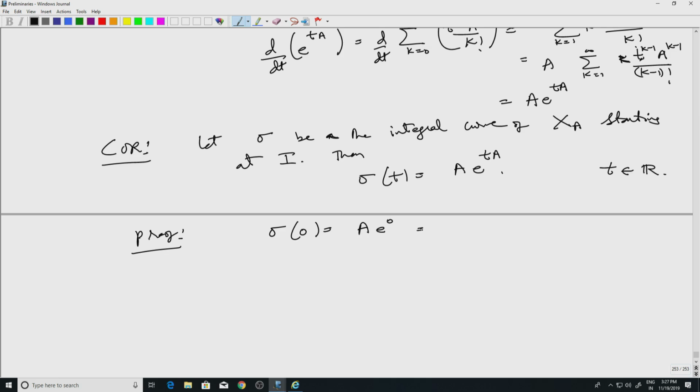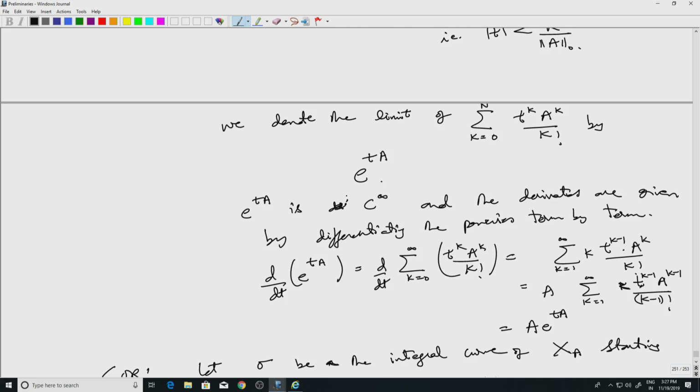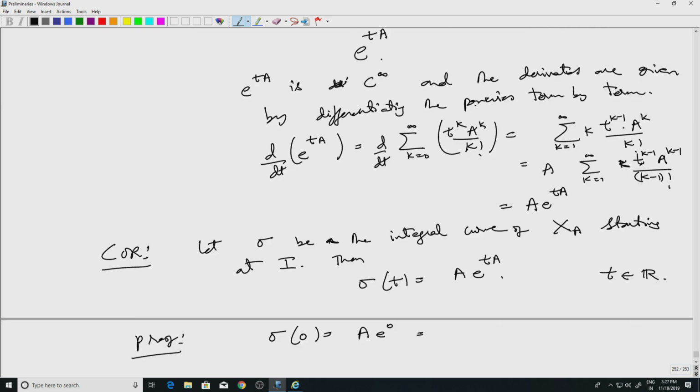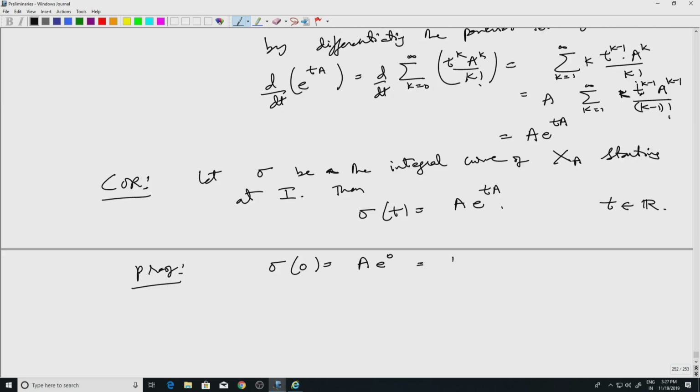Well, if I plug in 0 for t, the only term which will survive is the 0th, k equals 0 term, which is just I. So a times I, so this is a. Oh, sorry, I should not put an a here. The a will come after differentiating. So this is just I.